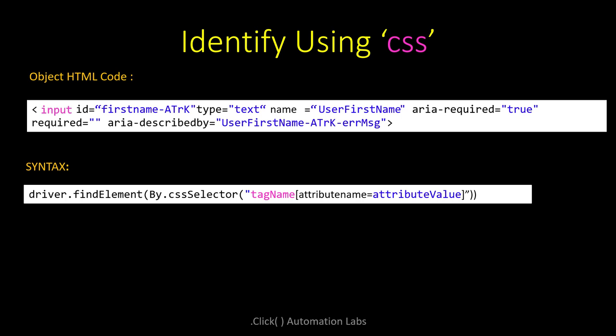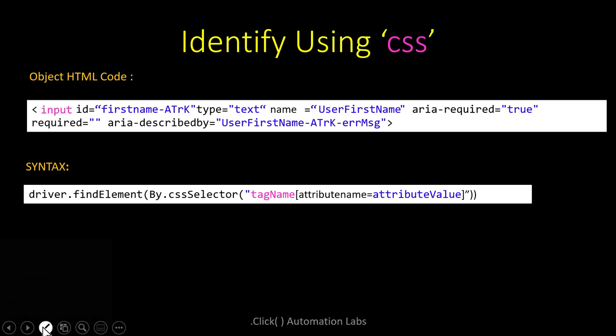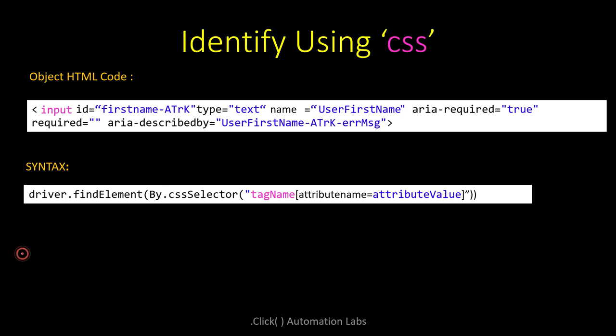So to write your CSS locators, the tag name is nothing but this is my tag name. Okay, input is my tag name, and attribute name is, you can take any of the attributes, ID or name and whatever.